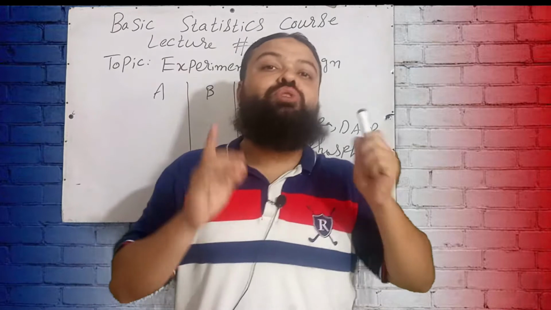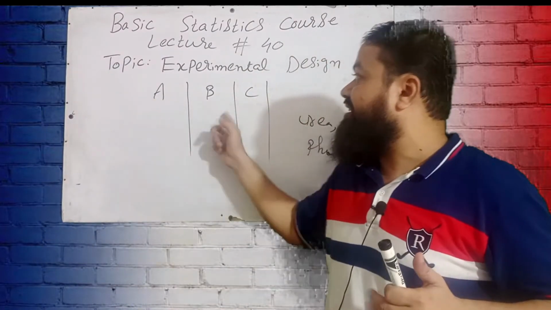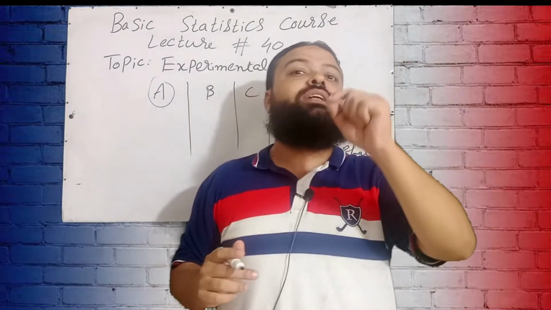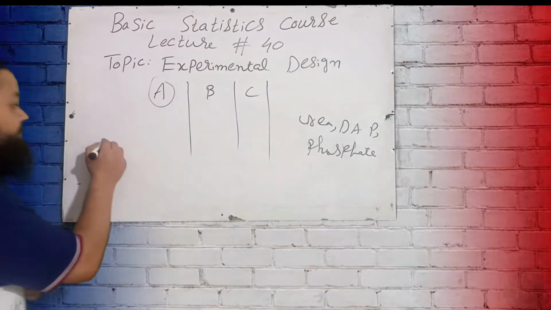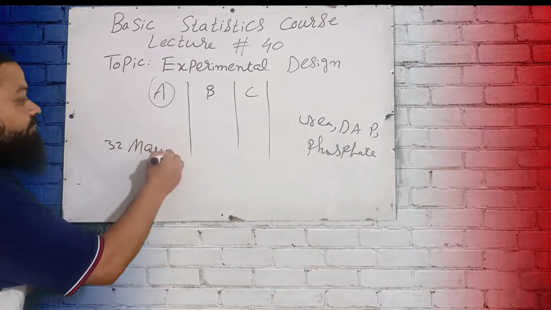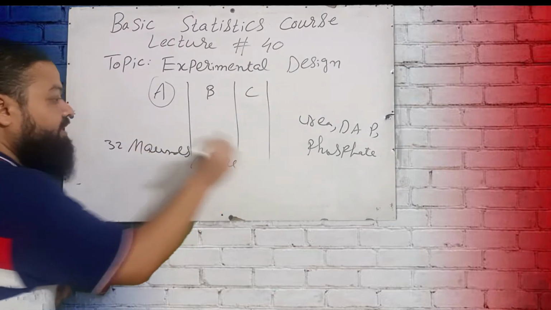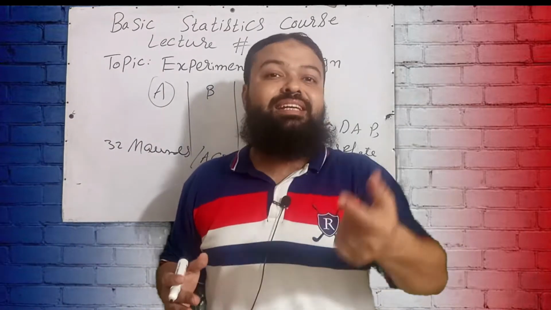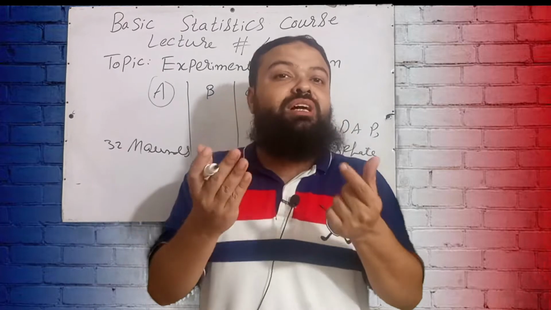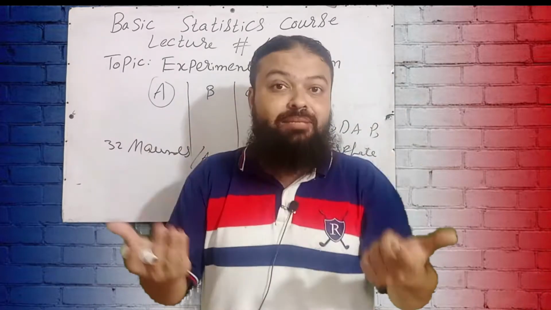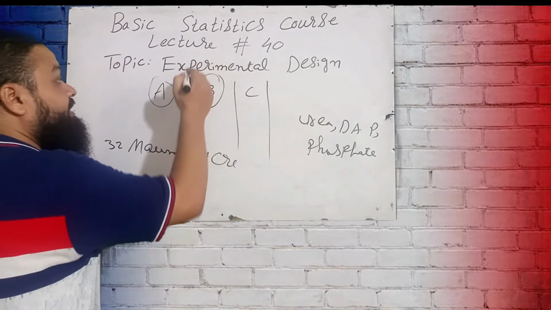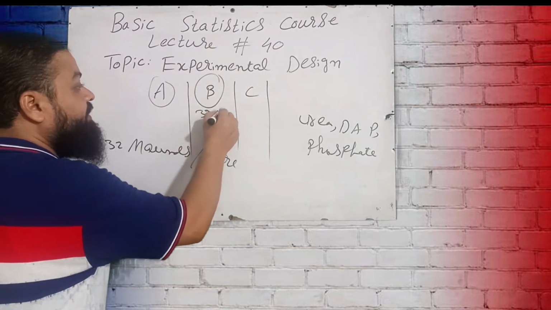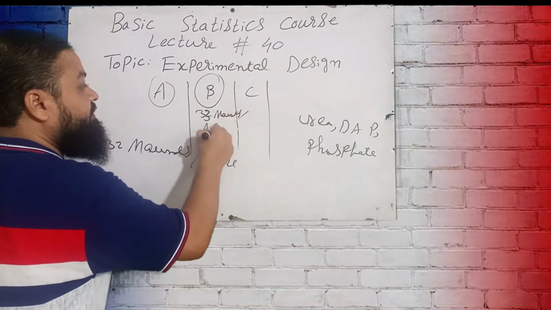If I apply urea randomly in these 3, if it is applied on the A, the first plot, and the average yield of the wheat is 32 mands per acre, then next time I apply the treatment of urea fertilizer randomly, and that is applied on the B, and now the average yield is 33 mands per acre.